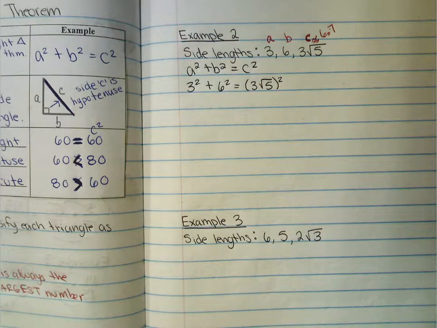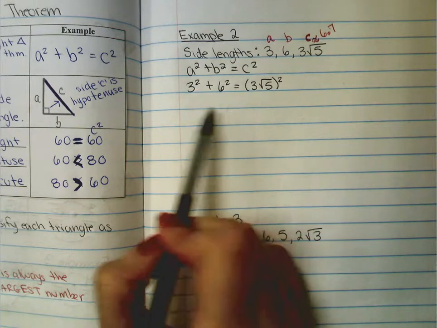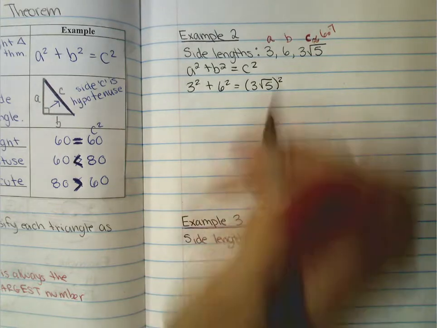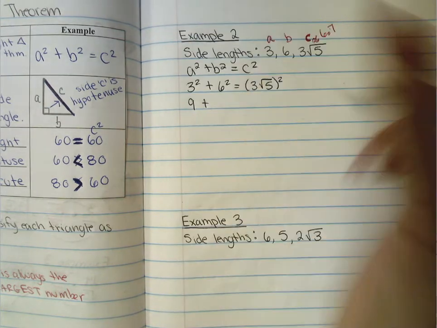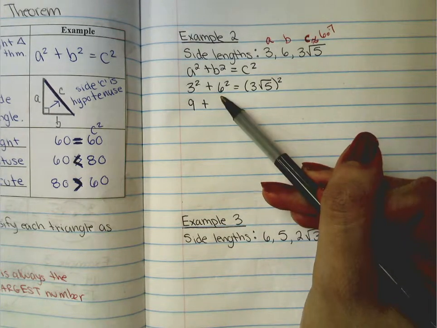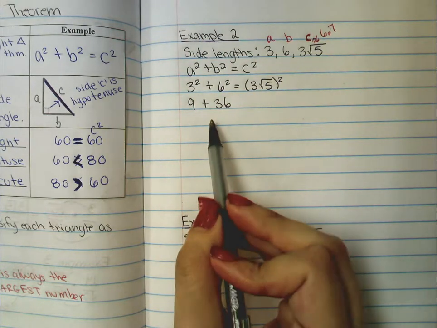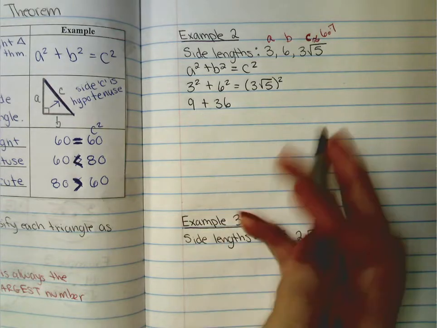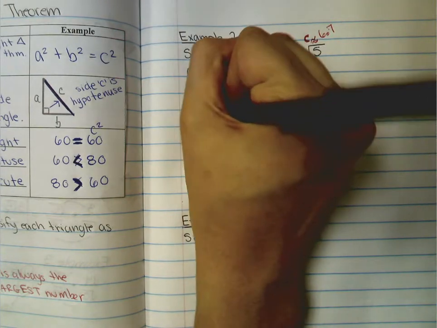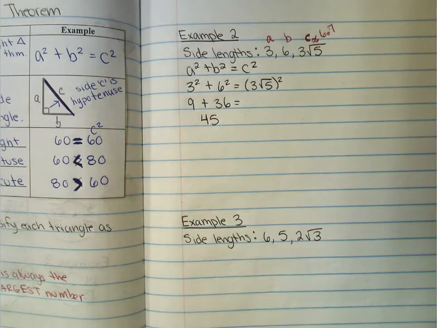Same as the previous example, I'm evaluating each term. First, I'm going to do the left side. On the left side, I have 3 squared, that's 3 times 3, that's 9. 6 squared, that's 6 times 6, that's 36. And now I just add those two. 9 plus 36 gives me 45.